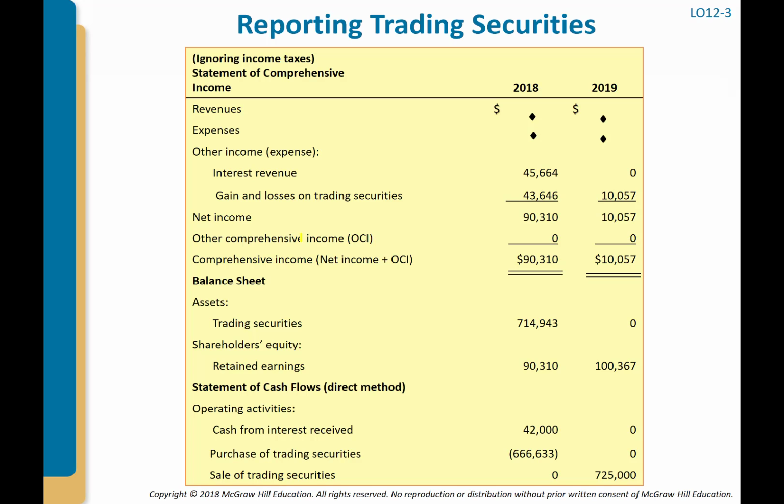You want me to debit retained earnings or credit retained earnings? Retained earnings is equity. I want to credit it, right? So I'll credit retained earnings 90,310 and debit the income summary, right?